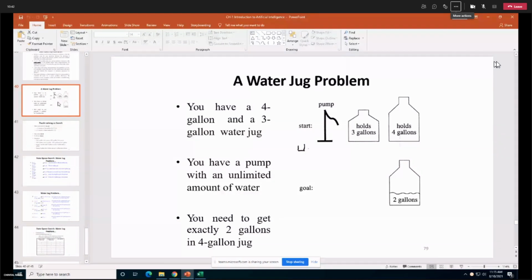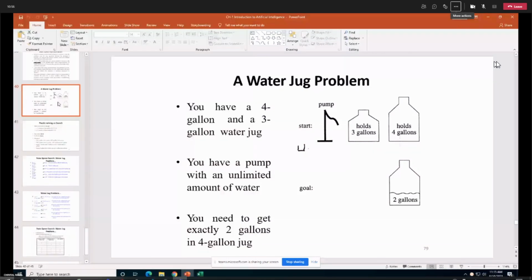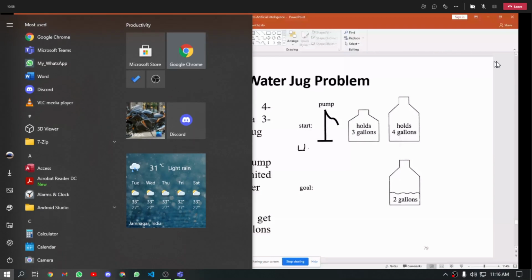These jugs do not have any measurings or markers on them. There is a pump that can be used to fill the jugs with water.